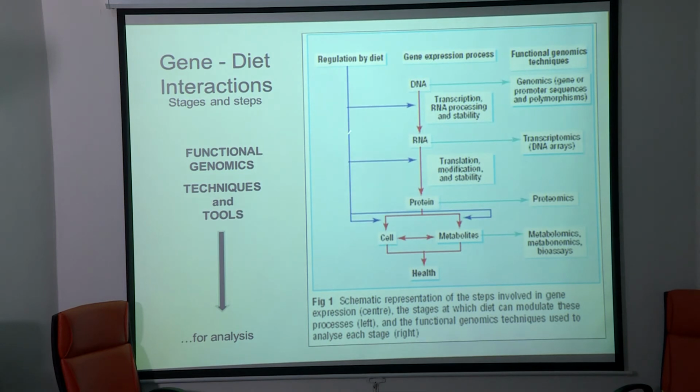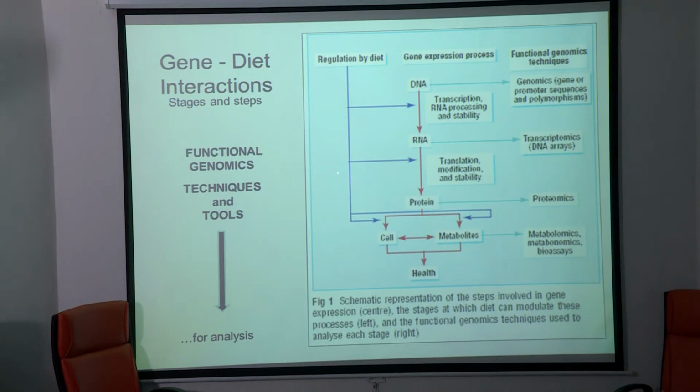This is your diet. The diet can impact your DNA, or at this stage from DNA to RNA, or from RNA to protein. And these are the gene expression processes which need to capture those changes. And these are the techniques which are used for capturing the changes brought about at the DNA level, RNA level, protein level or the metabolite level.